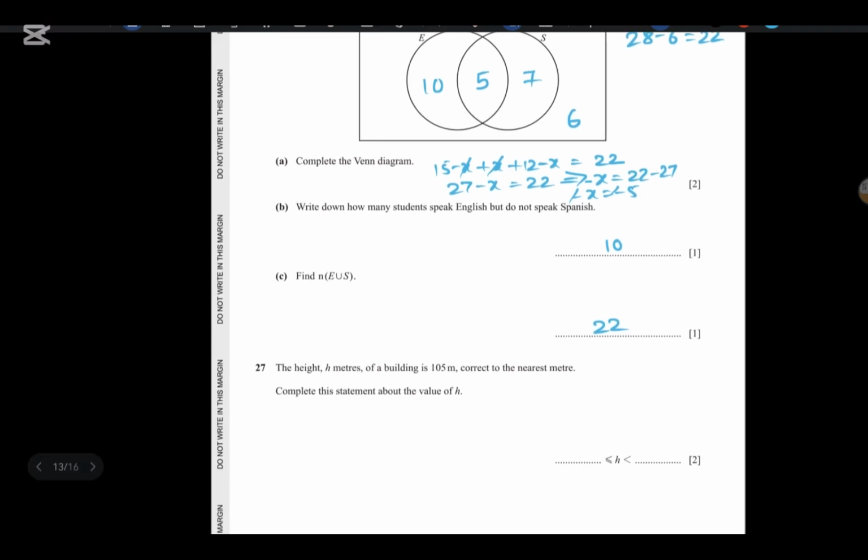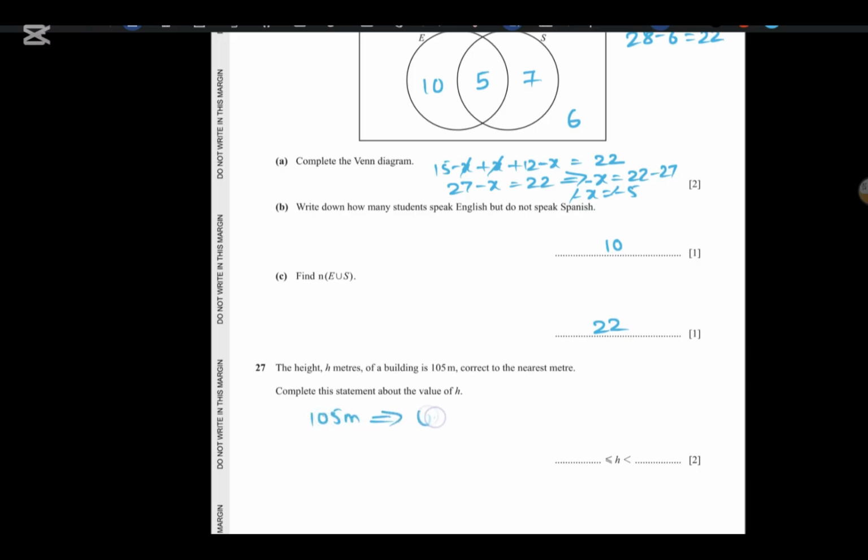Question number 27. The height h meters of a building is 105 meters. This is the height of the building, correct to nearest meter. Complete the statement about the value of h. So we have to see the upper and lower bound of this. 105 to the nearest meter.